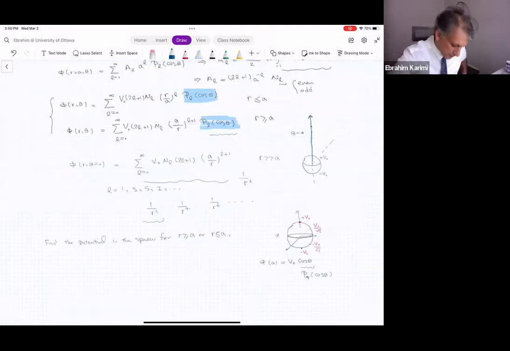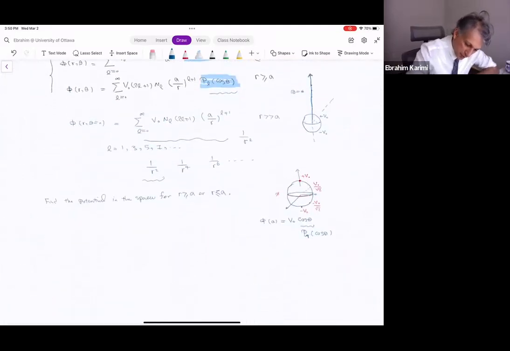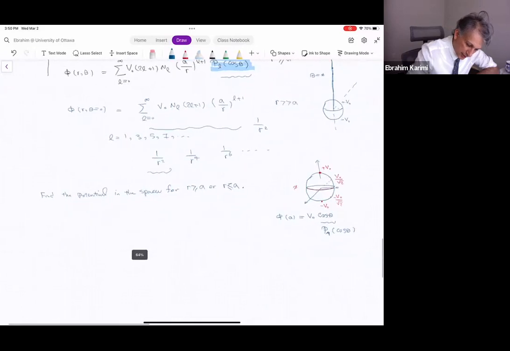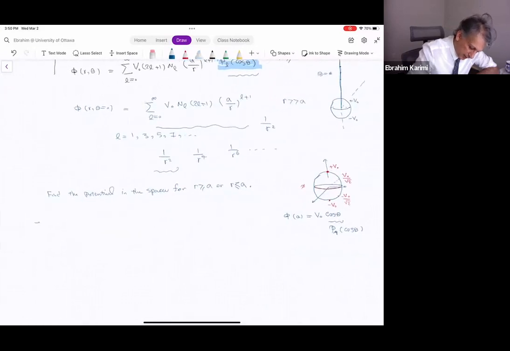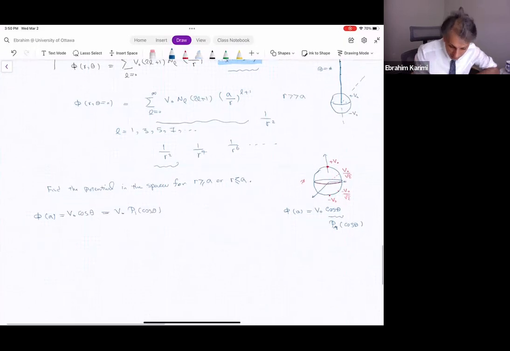Let's go. So the key point is that phi at r equal to a is equal to V0 cosine of theta, so essentially it is V0 P1 of cosine of theta. The system has a cylindrical symmetry.